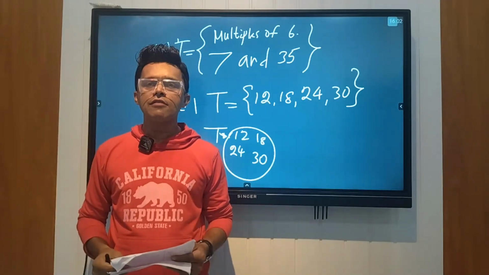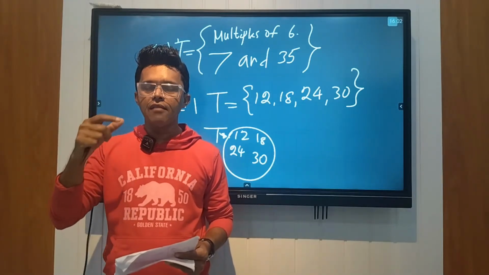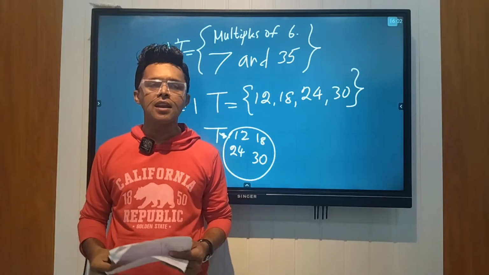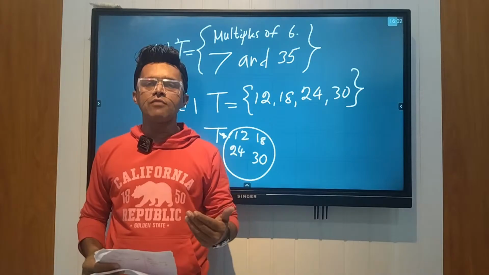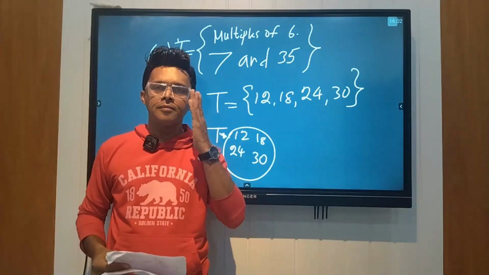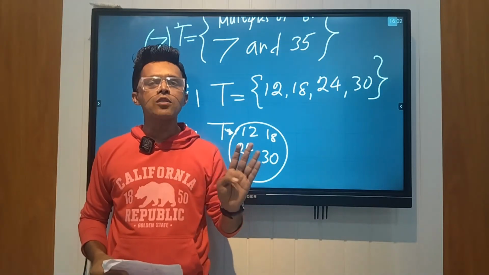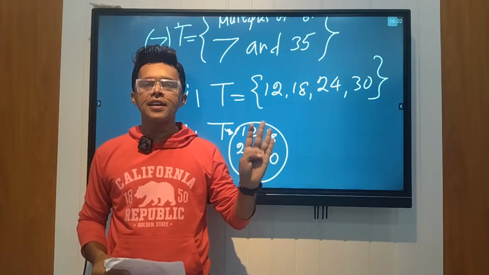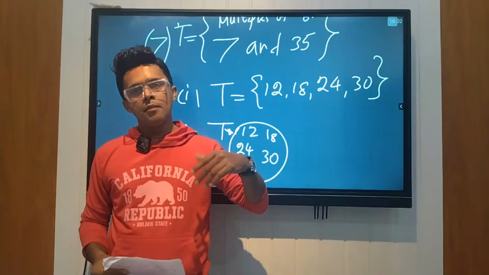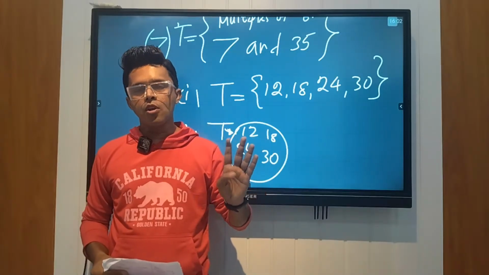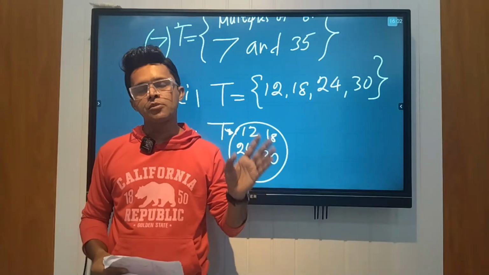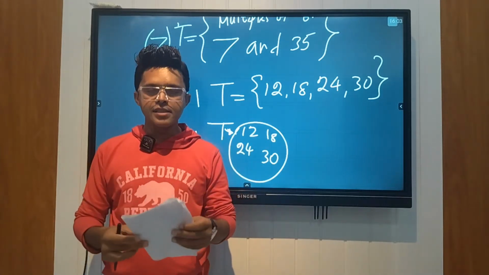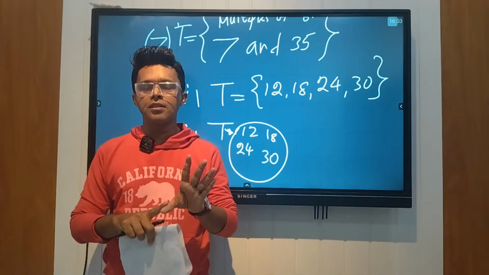So I will give you a summary to help you remember what you learned. What is a set? A set is a well-defined group of elements. A group of people or a set of things, substances, objects.